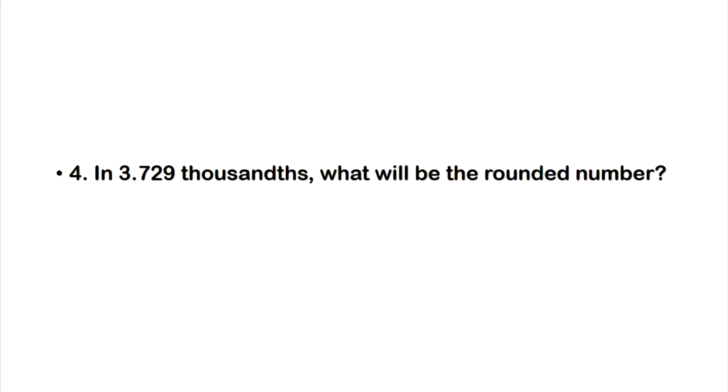In 3 and 93 thousandths, what do you think is the correct answer? The rounded number is 3 and 9 hundredths. Why retain? Because the digit to the right is 3 and 3 is less than 5. 3 and 739,000. What will be the rounded number? Right, the answer is 3 and 73 hundredths.